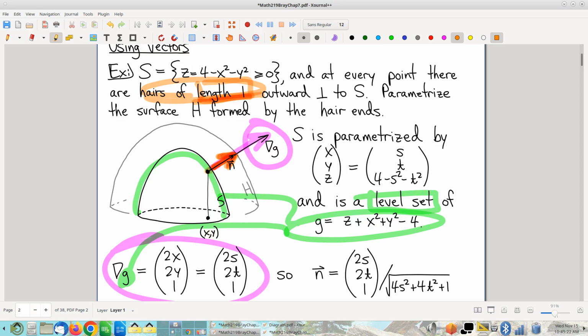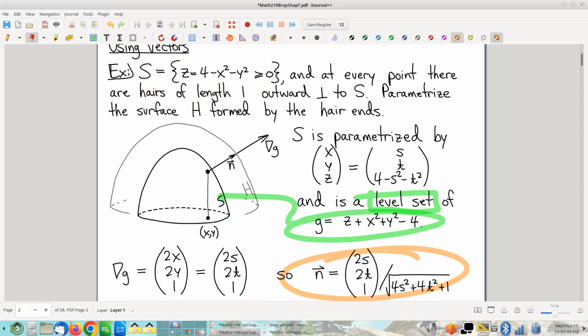I want to find a vector of length 1 that points in that same direction. So divide this gradient by its own magnitude. And boom, there we go. So it's all over but the shouting at this point. Let's go ahead and do that.